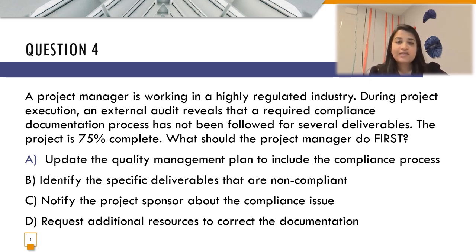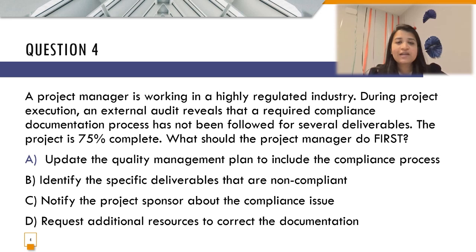Now, since this is a compliance kind of project having issues which are reported by the external auditors, the first and the very foremost action that is supposed to be taken by the project manager should be to go ahead and identify which of these deliverables are related to the compliance issue.